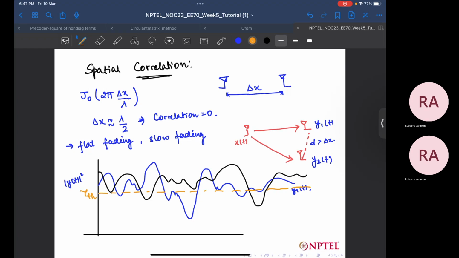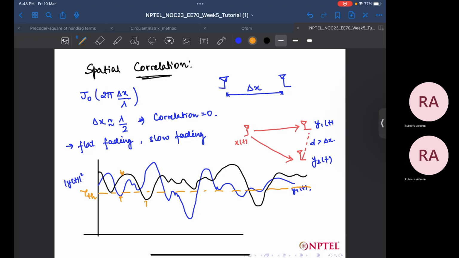Now you see the two receivers are uncorrelated, right? The two signals that are being received at the Y1T and Y2T are uncorrelated. So it will be very improbable that the two signals will go to deep fade at the same time, right? Suppose here you see the signal from the first channel has power less than the threshold, but the signal strength at the second antenna is fine.